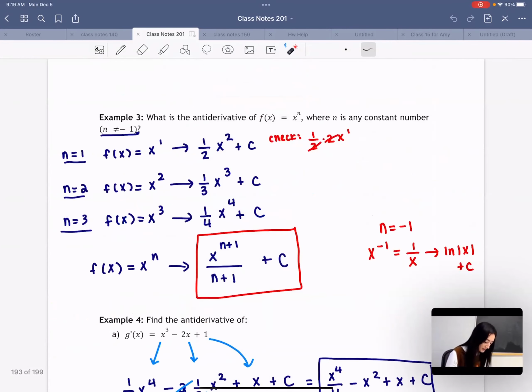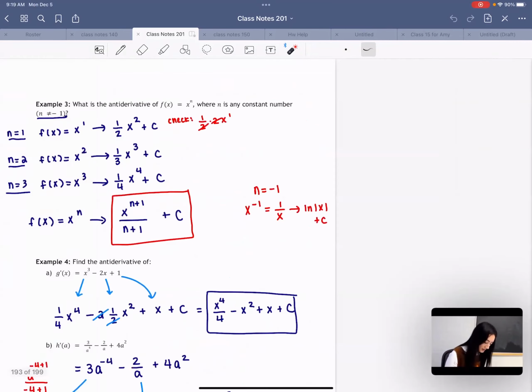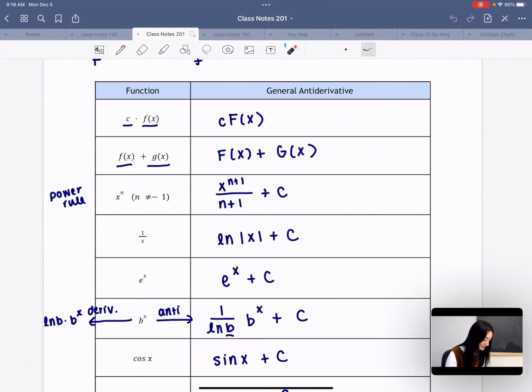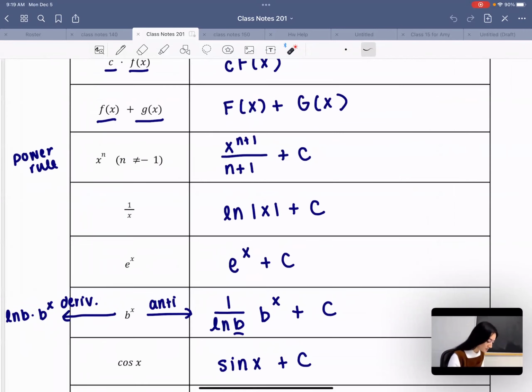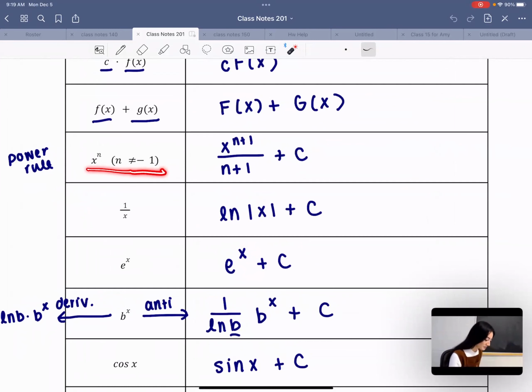Okay, we talked about the power rule, and then we started combining everything together in this chart here. Let's go over a couple of rules real quick. The power rule is basically the same as the derivative power rule, except instead of subtracting one, we're going to add one, and instead of multiplying, we're dividing.